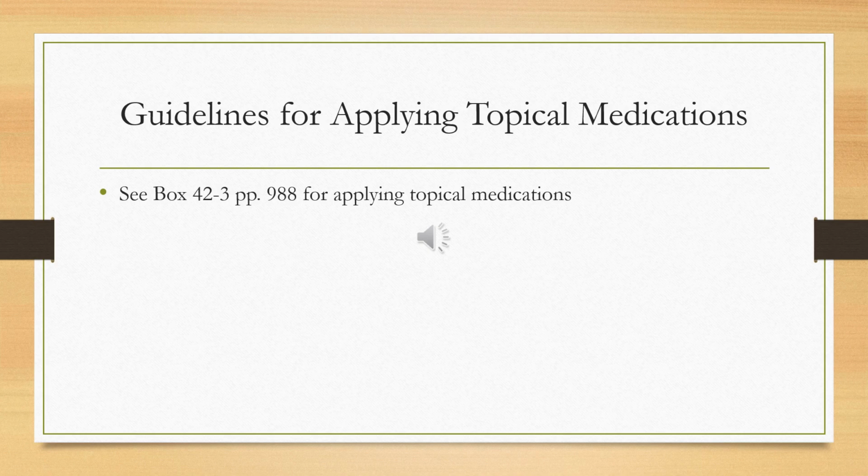Now, also in your book on page 988, box 42-3, there are some various guidelines you can look at for applying different topical medications. For instance, it talks about when applying powders, you want to dry the area thoroughly before applying the powders, because you don't want that powder to cake up.